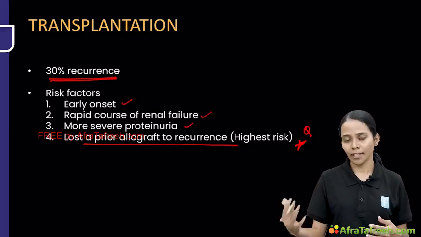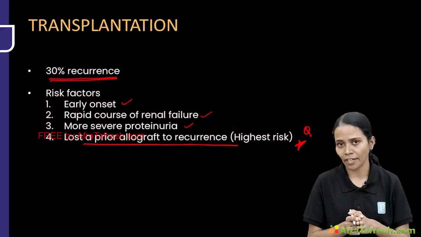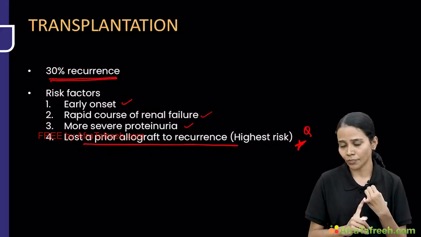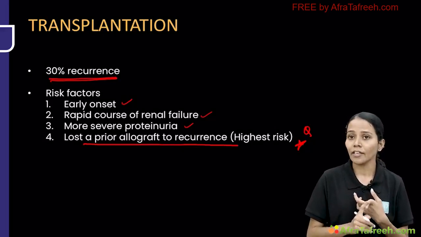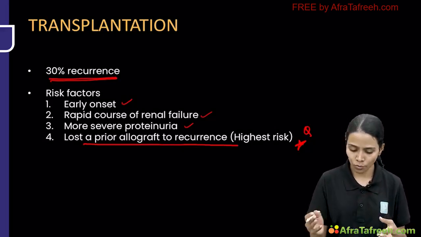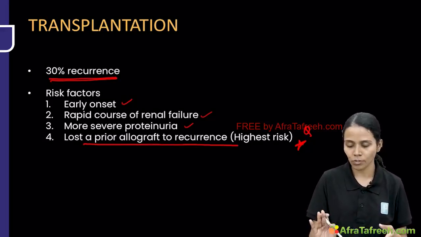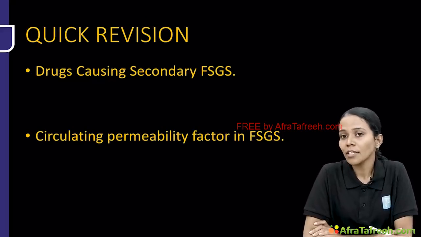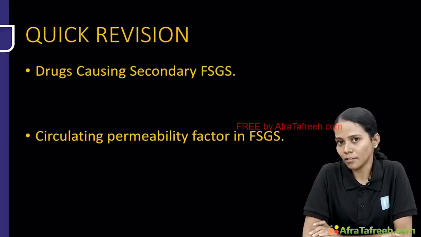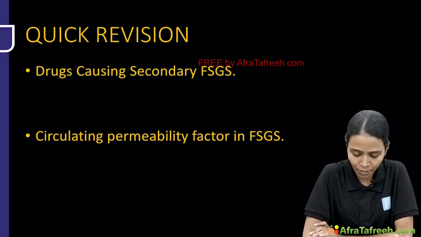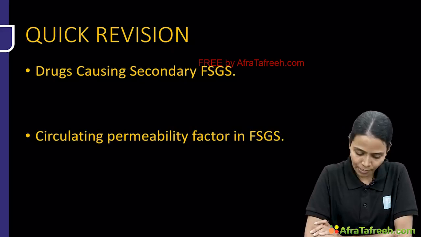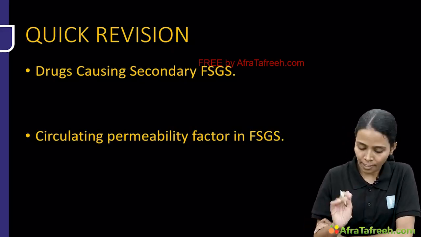So the four important risk factors are: early onset of the disease, rapid progression to ESRD, very severe proteinuria, and if an allograft is lost to recurrence. Okay, so this is about the risk factors that will help us in predicting the recurrence of FSGS post transplantation.